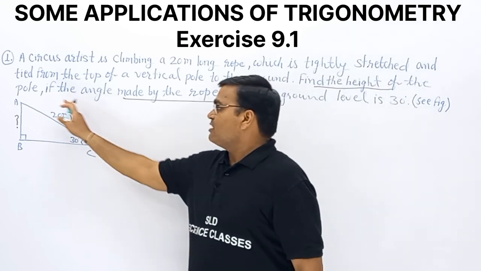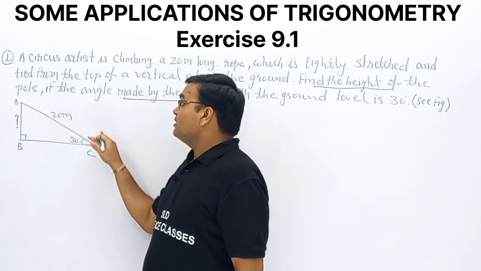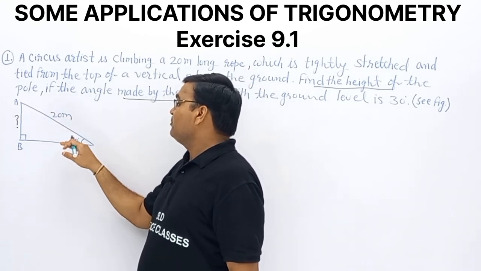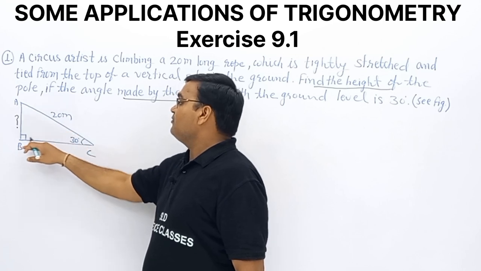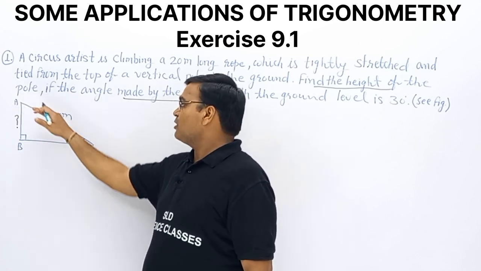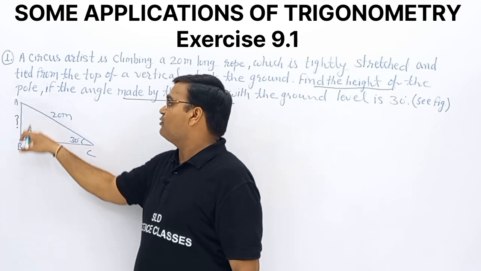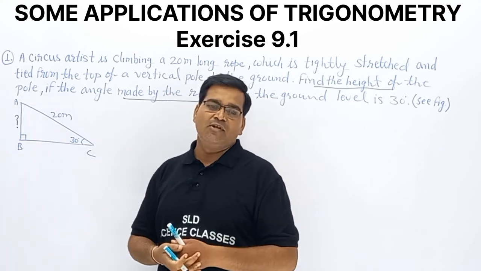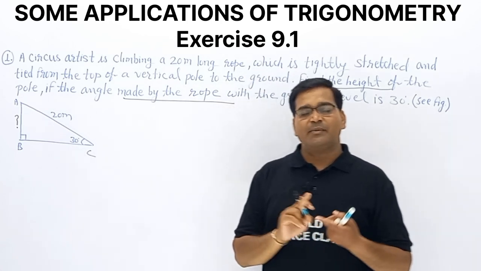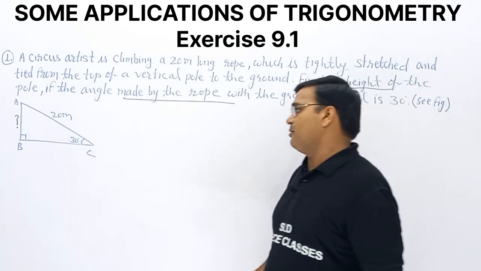This rope is making a 30 degree angle with the ground. This is the hypotenuse, the ground level will be the base and the height of this pole will be the perpendicular. So in the right triangle, we are having perpendicular, hypotenuse and base in this diagram.